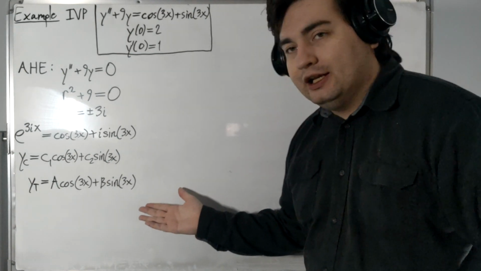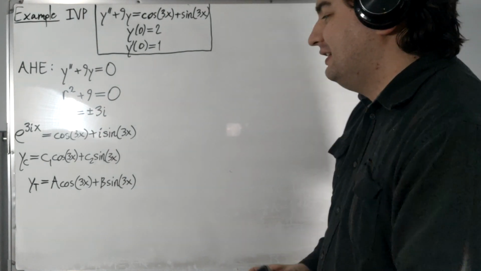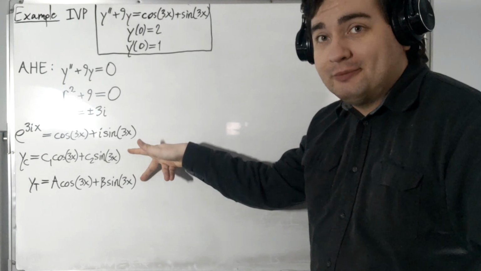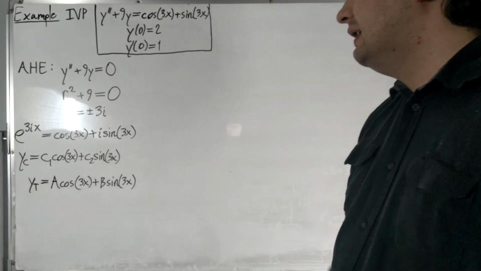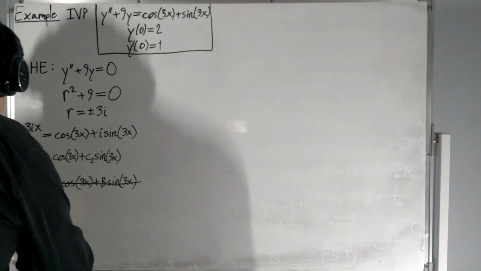However, as you can see, there's duplication happening, because if you just set a to be c1 and b to be c2, then these are the exact same thing, right? So we need to forget about this guess and come up with a new guess.